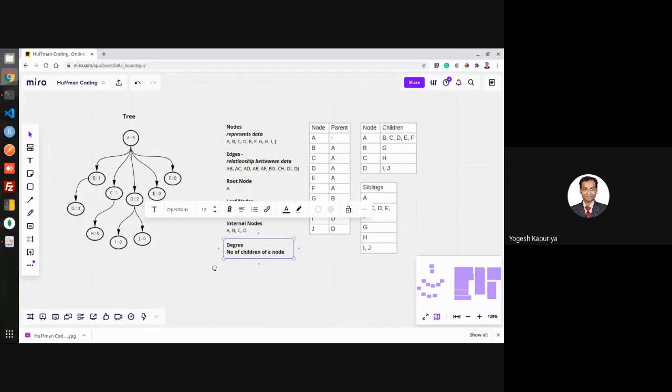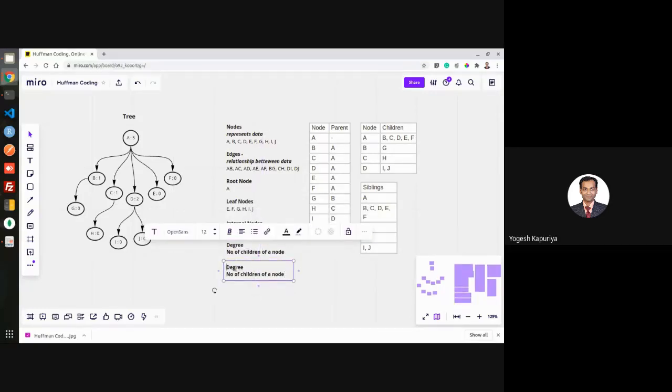Then there is something called a level, right? Now, what is level? In a tree, the root node is at level 0. The children of root node are at level 1.